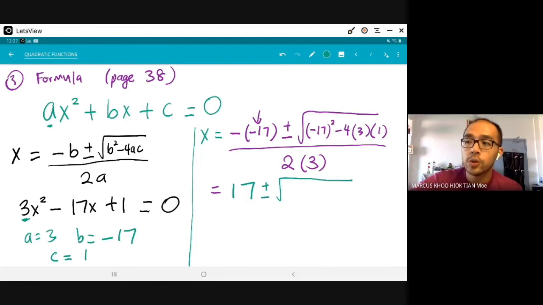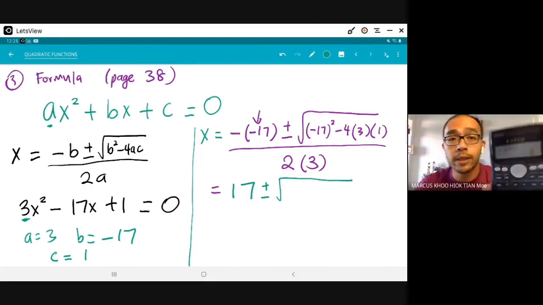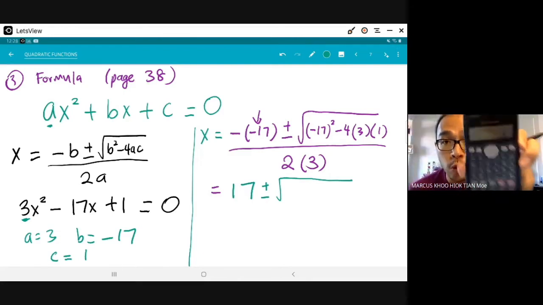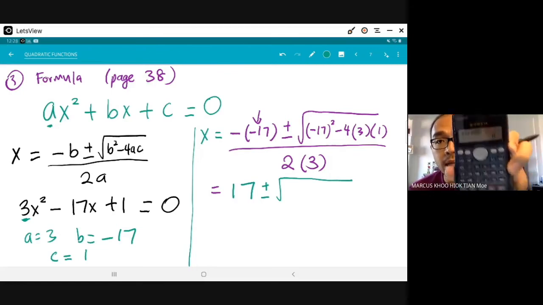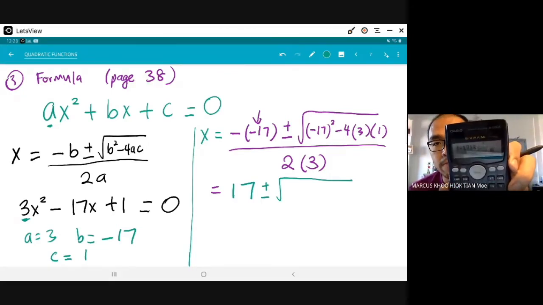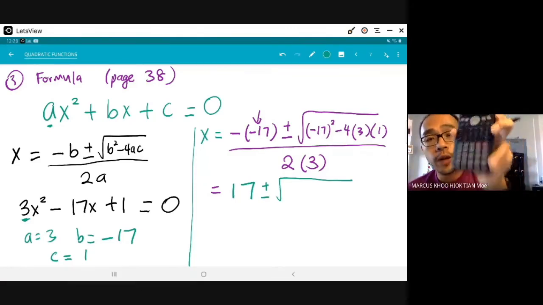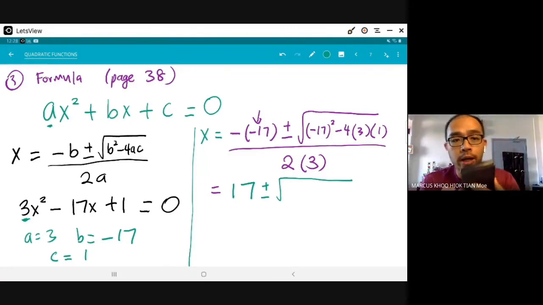But make sure that you write as negative 17 squared begini. Sorry, I don't know if you can see my calculator lah. But make sure there is a kurungan. Tulis seperti yang saya tulis pada papan putih ini. So you write in your calculator the same way. Then minus 4 times 3 times 1.